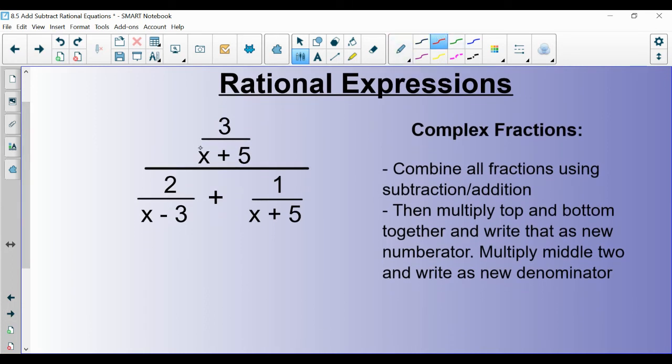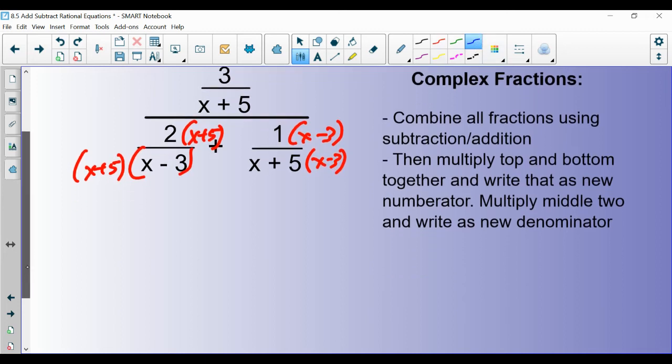Once again, the numerator is totally fine. This is simplified, but my denominators do not have the same denominator, essentially. This one has an x plus 5, but this one doesn't, so I'm going to multiply by x plus 5 over x plus 5. And this one is missing an x minus 3 over x minus 3. I'm going to rewrite this nice so I can see it well.